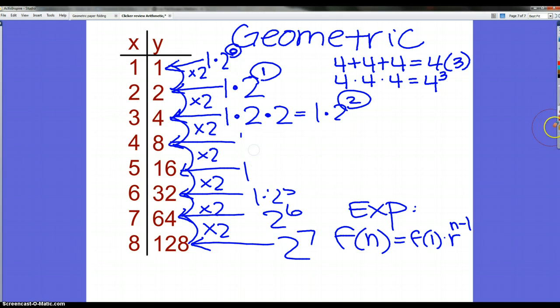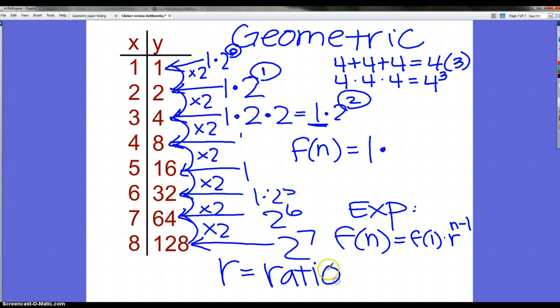We have Fn, and just like here, we've got our first term, which is 1, times r. R is the ratio, which is also known as the number that you're timesing by. So we're timesing by 2, so r is going to be 2, and then to the n minus 1. In this case, I called it x, but we could have called this n.